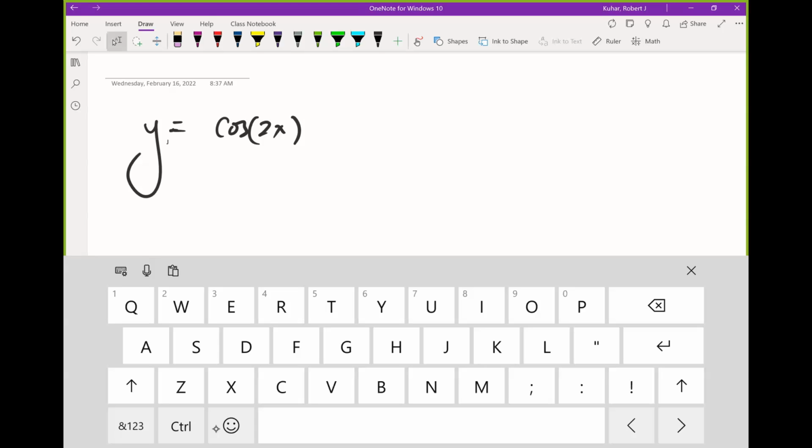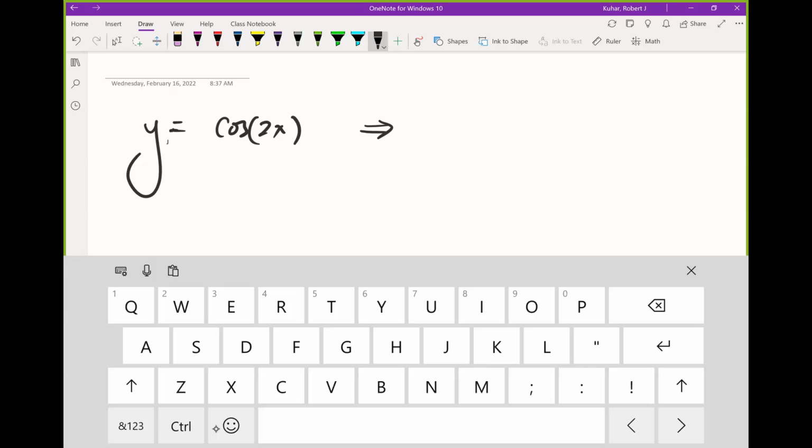But I can cheat a little bit right now. What's the interior function? It's 2x. What's the derivative of 2x? Should just be 2, right? What's the outside function? What's the exterior function? Cos. And what's the derivative of cos? Negative sine.